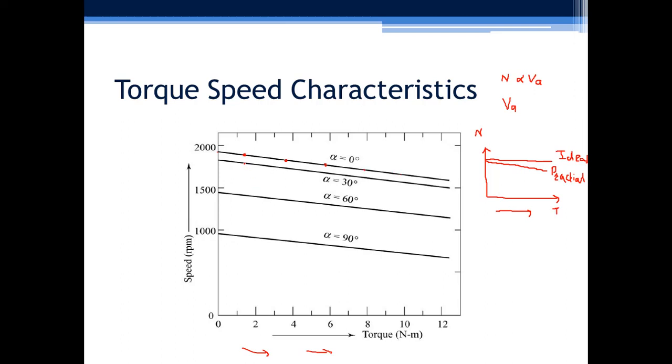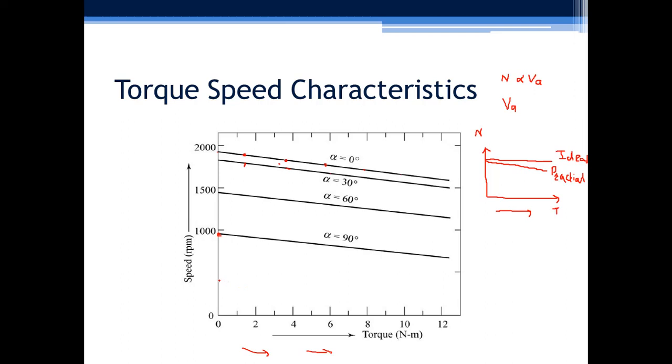Similarly, if we increase the firing angle alpha, we will get lesser speed, and if we increase the torque load again, the speed will remain fairly constant. If we increase alpha, speed will decrease. At alpha equal to 90 degrees, you can see that speed has reduced by 50% because average armature voltage will reach 50%.